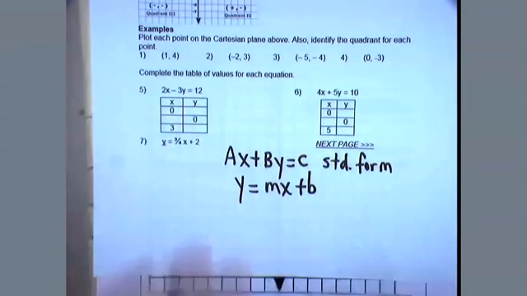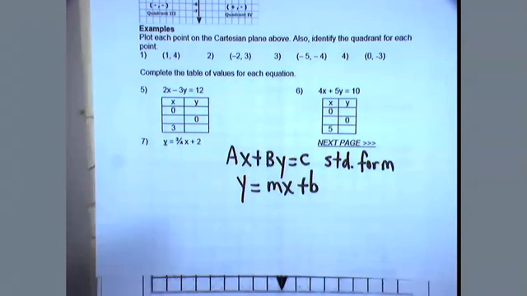We'll talk about the second type of equation in just a little while. But anytime you got x and y on the same side and they're equal to some constant c, then that's an equation that's in standard form.